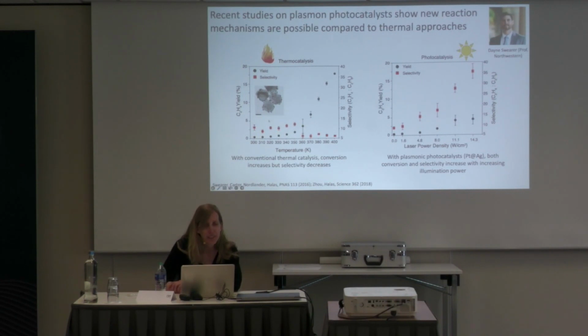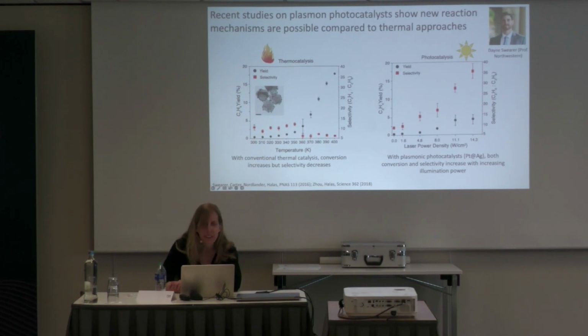And what they found is that when they were looking at thermal catalysis, as they increased the temperature, the yield for ethylene went up, but the selectivity started going down. So as they went to higher temperatures, they basically wound up fully breaking that C triple bond C and ended up with the fully hydrogenated ethane.